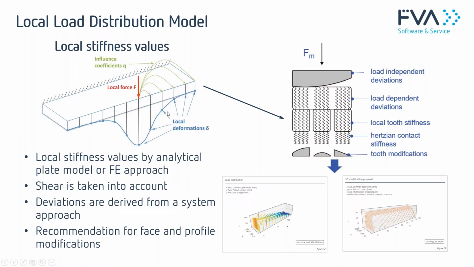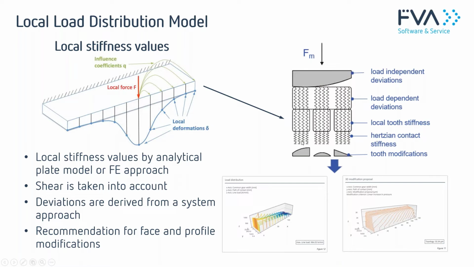Then you get the deformation matrix, which takes into account the local deformations of the tooth flank along the face width and along the profile. And with this very detailed stiffness information, you can now again calculate the load distribution, but not only along the face width, but for every contact line.